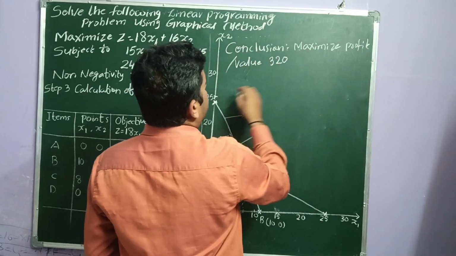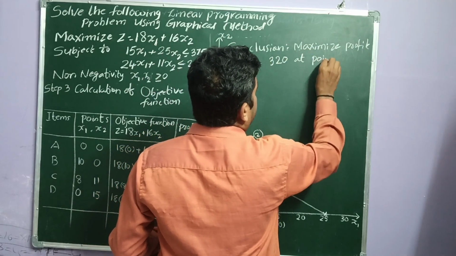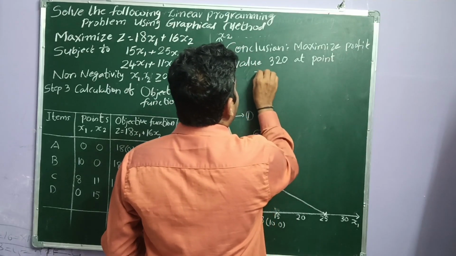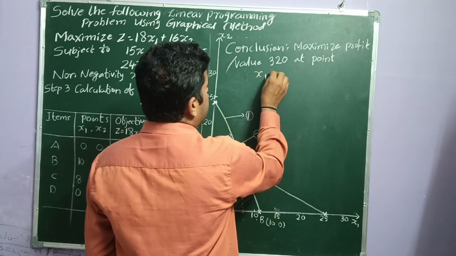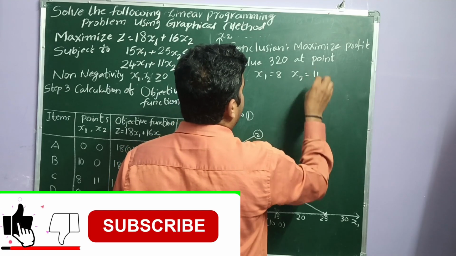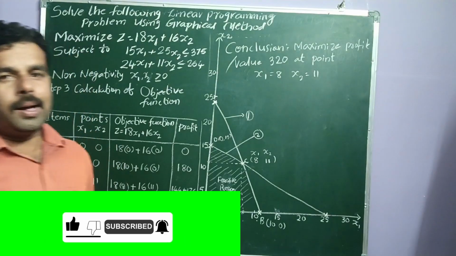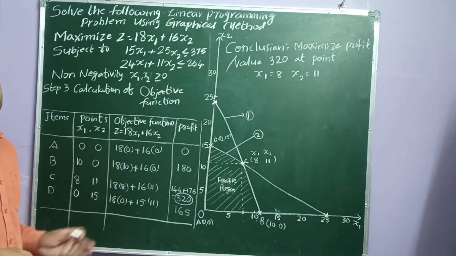You can write anything. At the point x1 equals 8, x2 equals 11. In this way you have to write the answer. With this we completed the second problem.